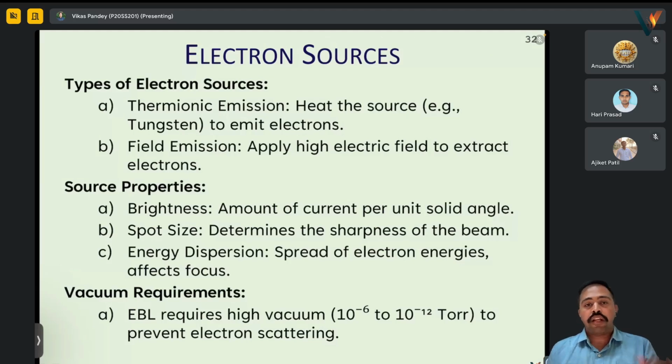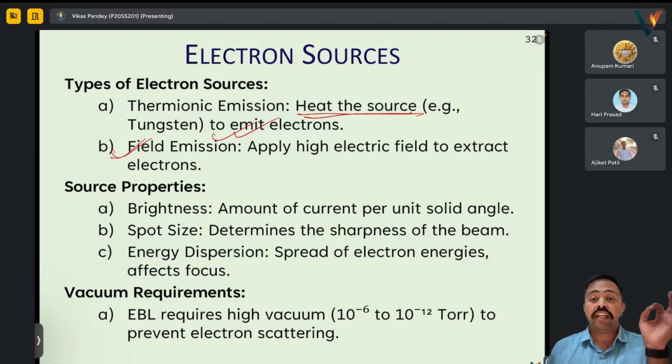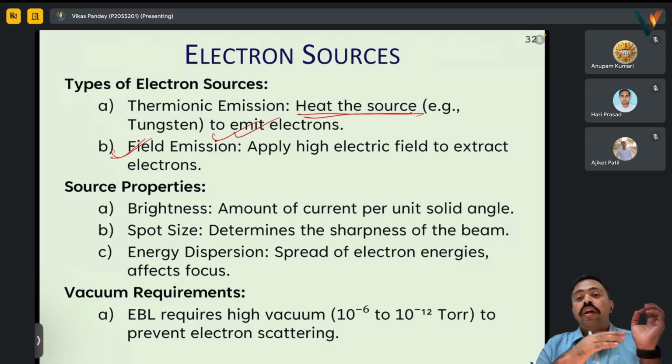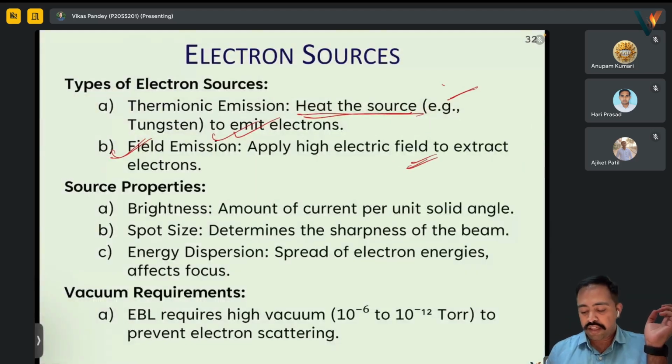Thermionic emission based, which uses heat, like tungsten that is heated to emit the electrons, and then the rest of the part will be similar. The second case is field emission, as in FESEM, where a high electric field is used to extract the electrons. Here heat is used, and here electric field is used.